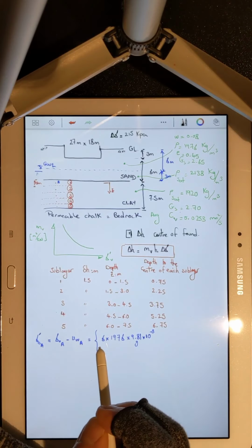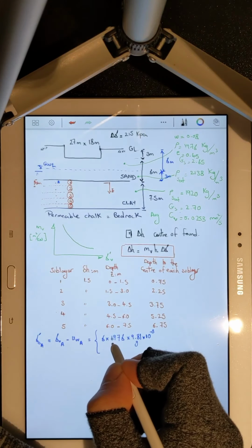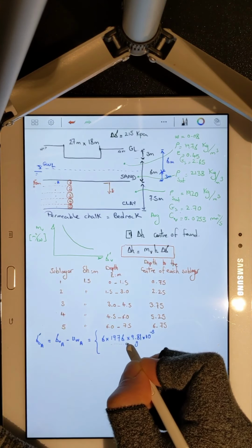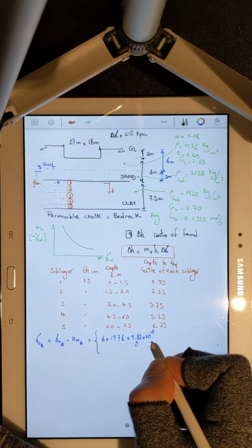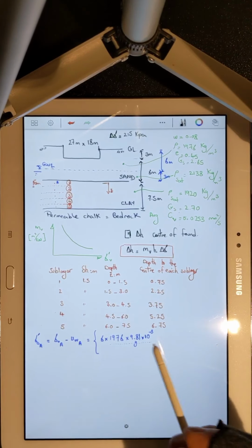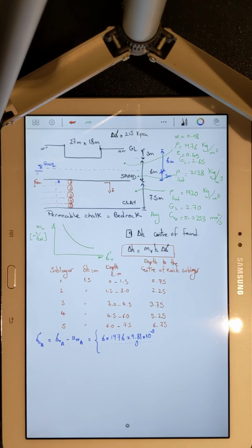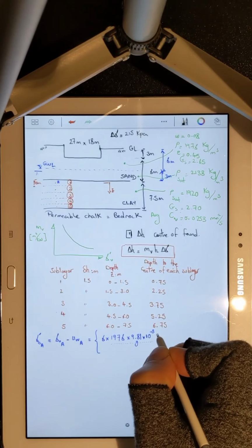So I've got 6 times this expression in kilonewton over meter cube. So 6 meters times this expression, kilonewton over meter cube, will be kilonewton over meter square, or kPa, and I will be happy with the dimensions.